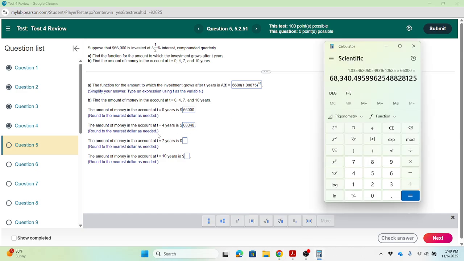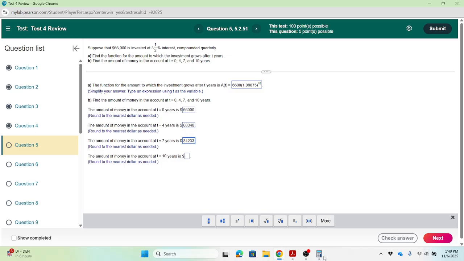And for the next one, when t is 7, one more time type this 1.00875 to the power, if t is 7, 7 times 4 is 28, because 4 times t. So take this number, times it by 66,000, and then round it to the nearest dollar, which is 84,233.